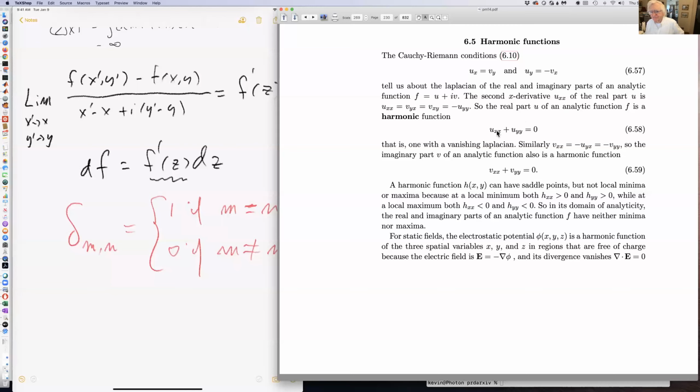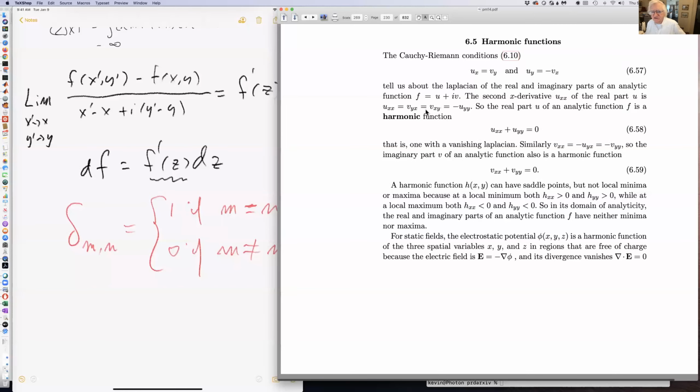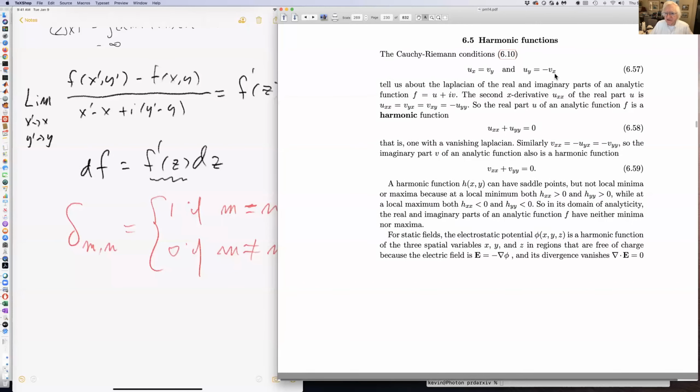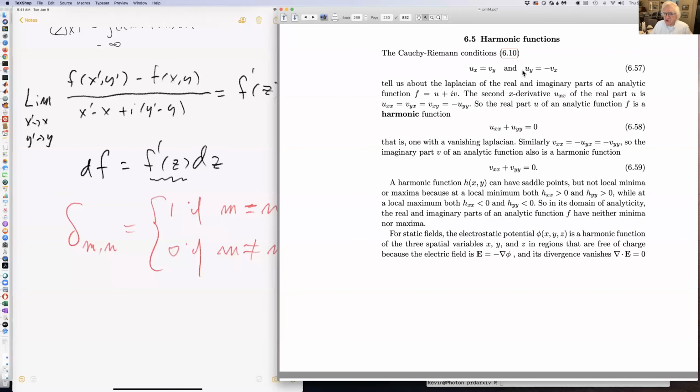So in particular, if we take the second x derivative, so we have u_xx from this equation, well, that's going to give us v_yx, but of course v_yx is also v_xy. On the other hand, v_x is minus u_y, so we have minus u_yy.